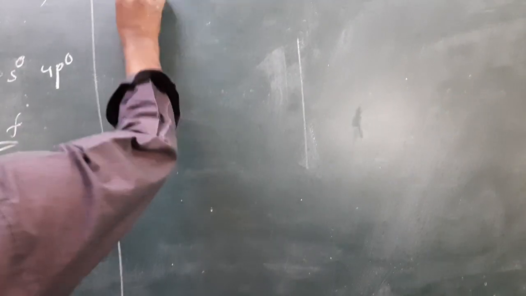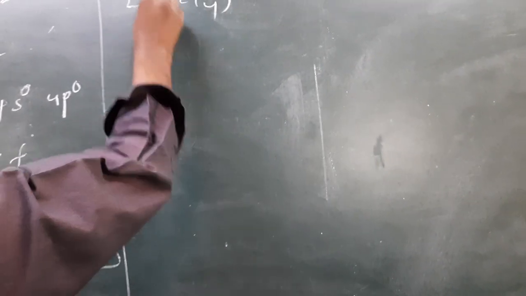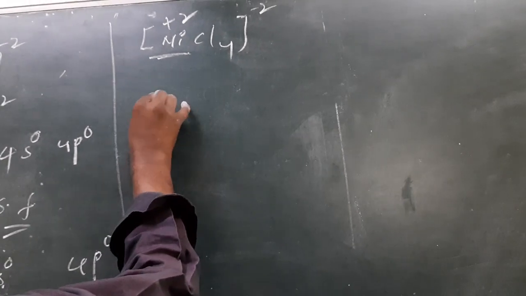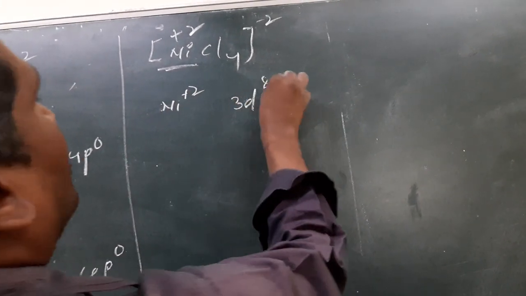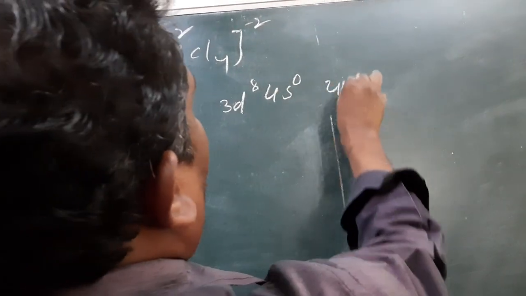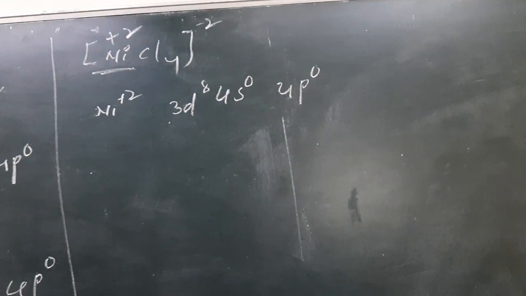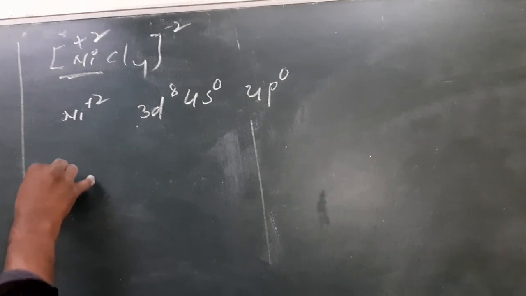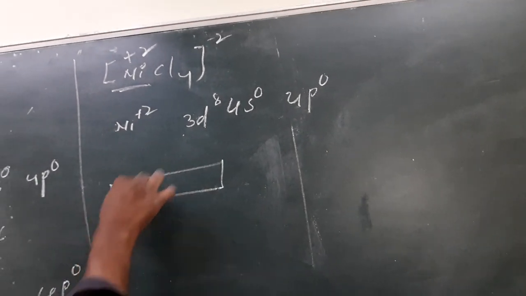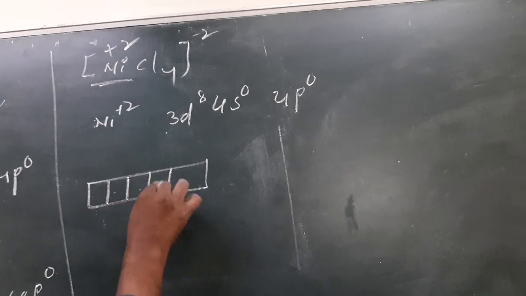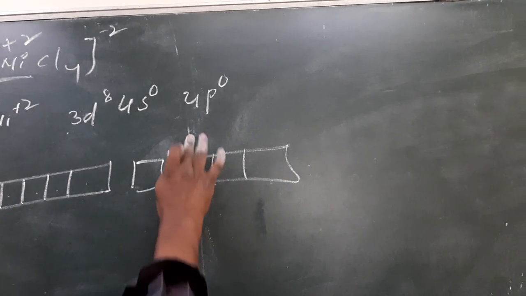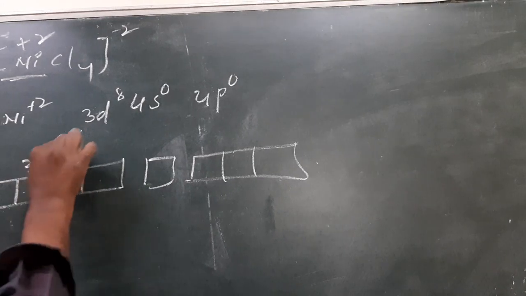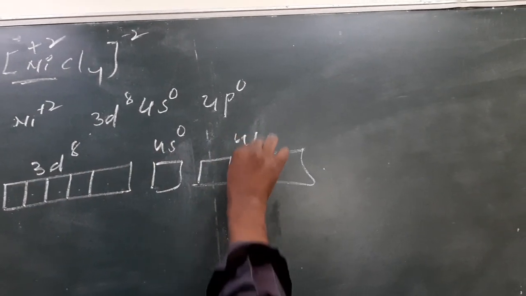Next, if you see this complex, same nickel oxidation state +2, same configuration, directly I am writing 3d8 4s0 4p0.